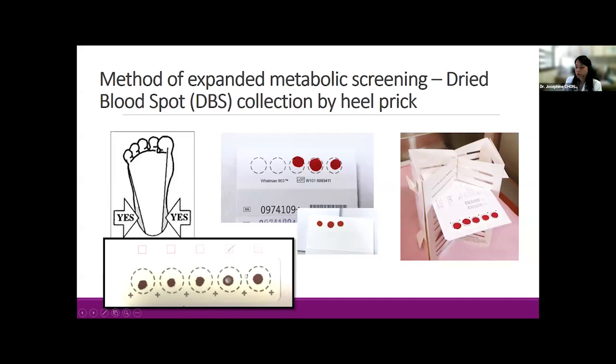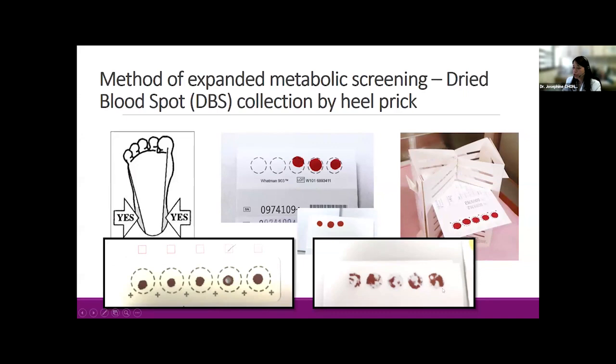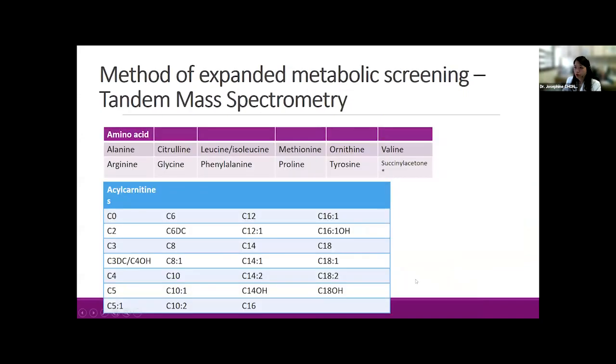Sometimes the spot may be smaller, which may result in difficulties getting a punch from the blood drops. So this part of the procedure is also important for the program counselor and coordinator to be involved in, to teach the nurses or phlebotomists who collect the blood, and also the laboratory, about the precautions.